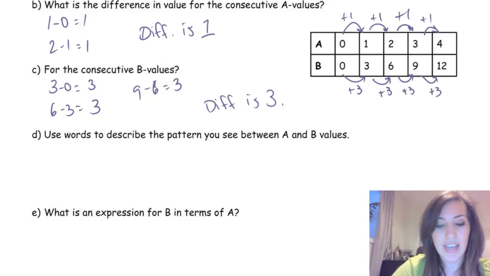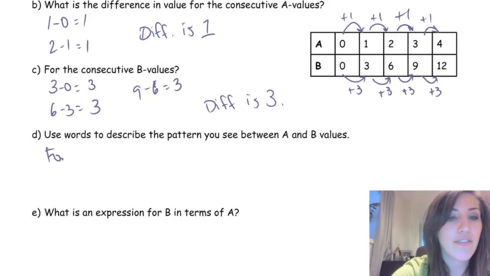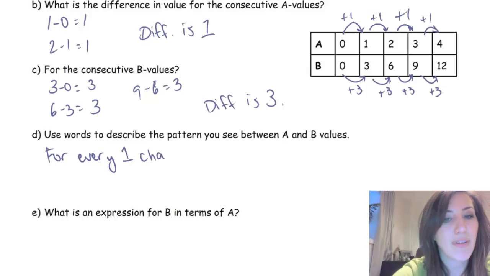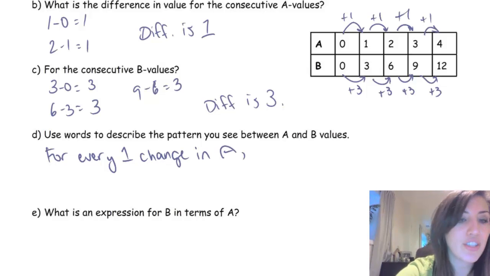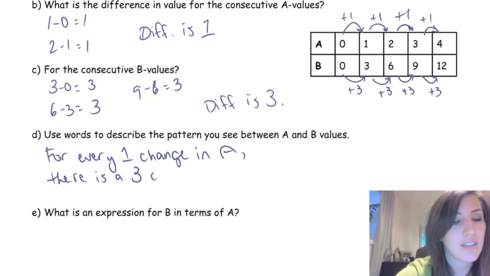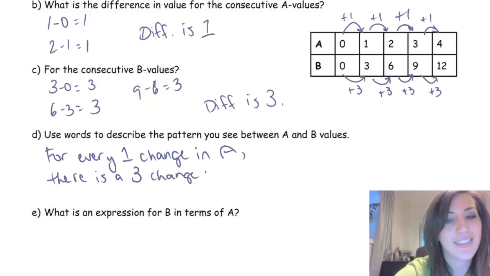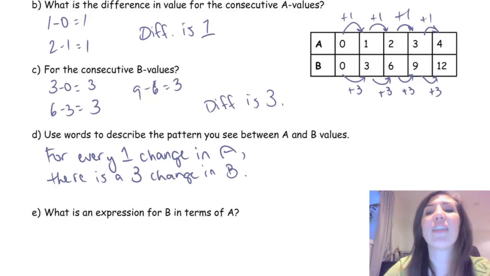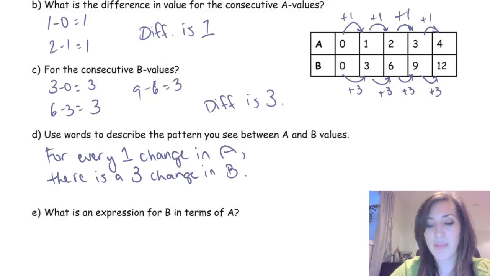Now, I could say that for every 1 change in A, that's my variable A, there is a 3 change in B. For 1 change in A, there's a 3 value change in B.